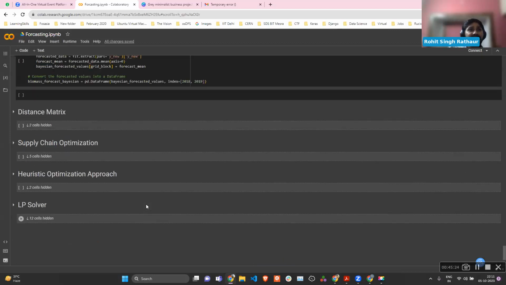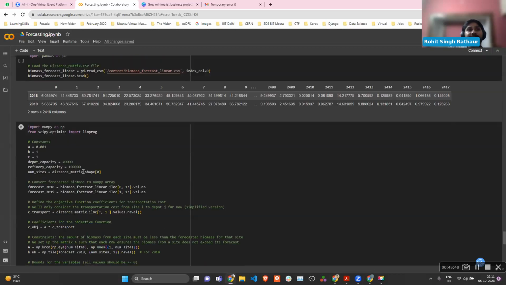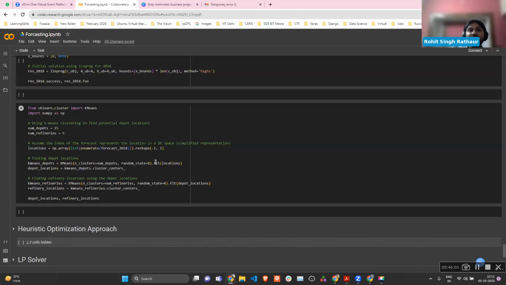After getting the results from all these methods, my next and final step was to find the optimal location of biorefineries and the second factor. I used the forecasted biomass data from the different methods to find the optimal locations.